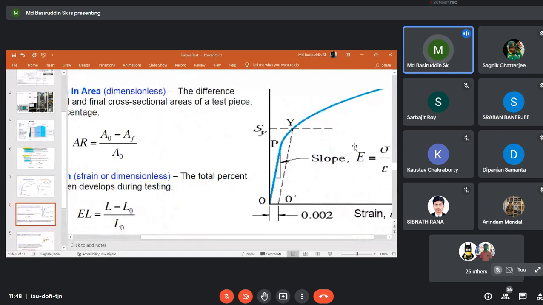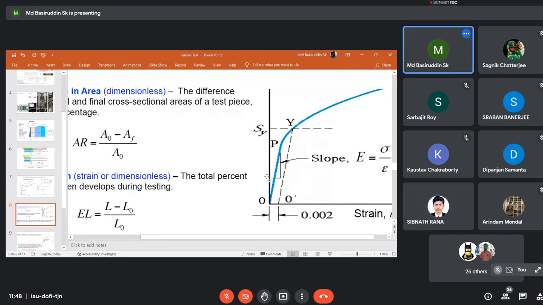Can you see this particular graph? Here, can you tell where the material starts to deform plastically? Yes, sir, it's difficult to locate. That's why we use the concept of proof stress.